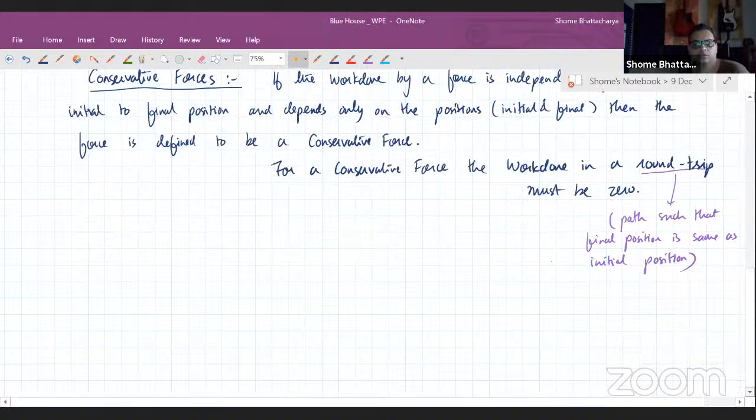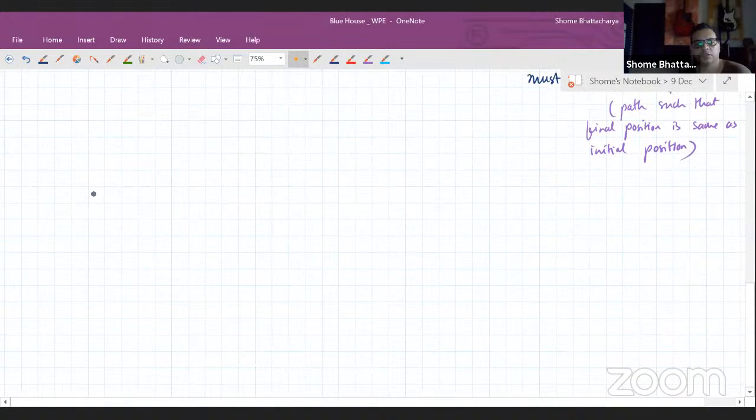Okay, so first of all, what we can understand here is that any constant force is conservative.